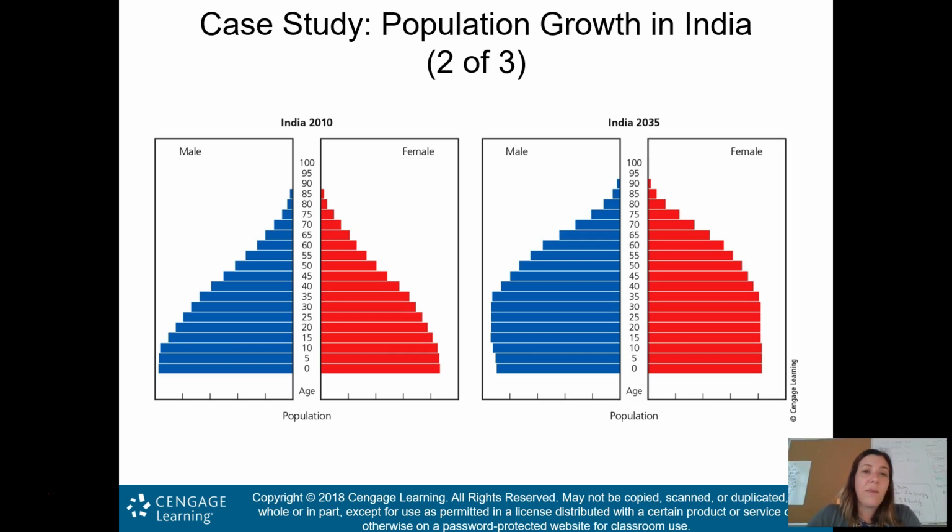But while it might put more pressure on natural resources, economic growth might actually help to slow the population growth and accelerate the demographic transition to the next stage.